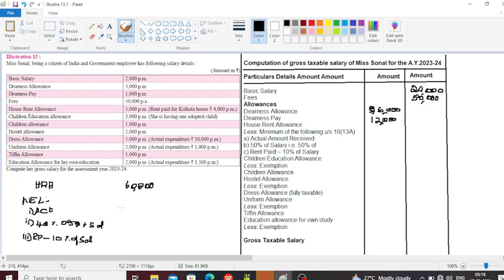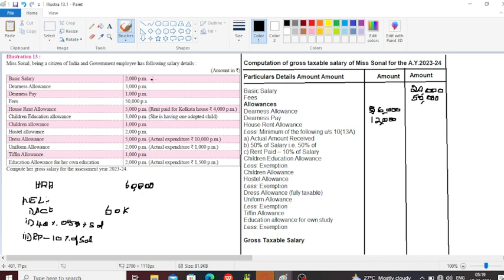Here the actual received by Miss Sonal is 60,000, and 40 or 50 percentage of salary. Here, what is salary for the purpose of house rent allowance? It is nothing but basic salary, DNS allowances, and here the DNS pay will also be included in the calculation of salary for the purpose of house rent allowances.